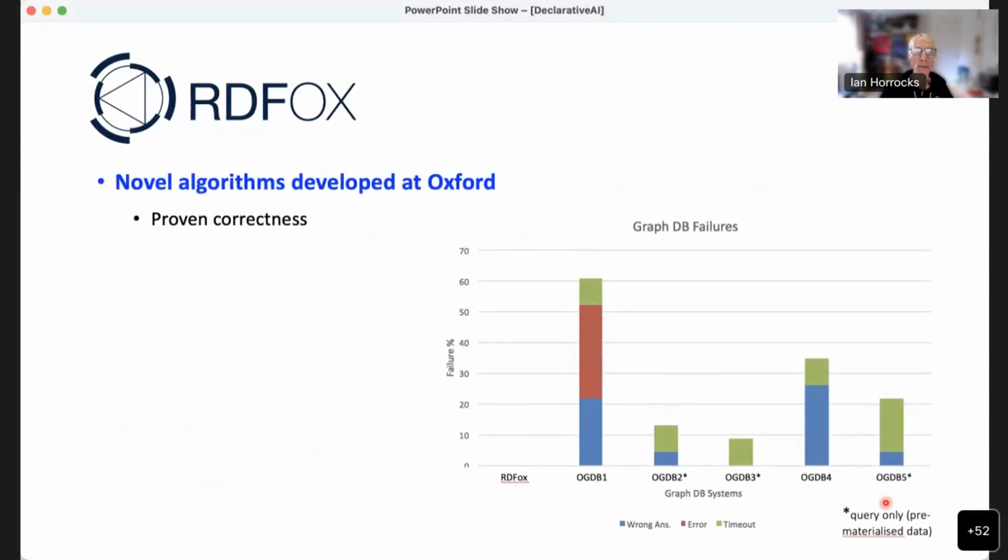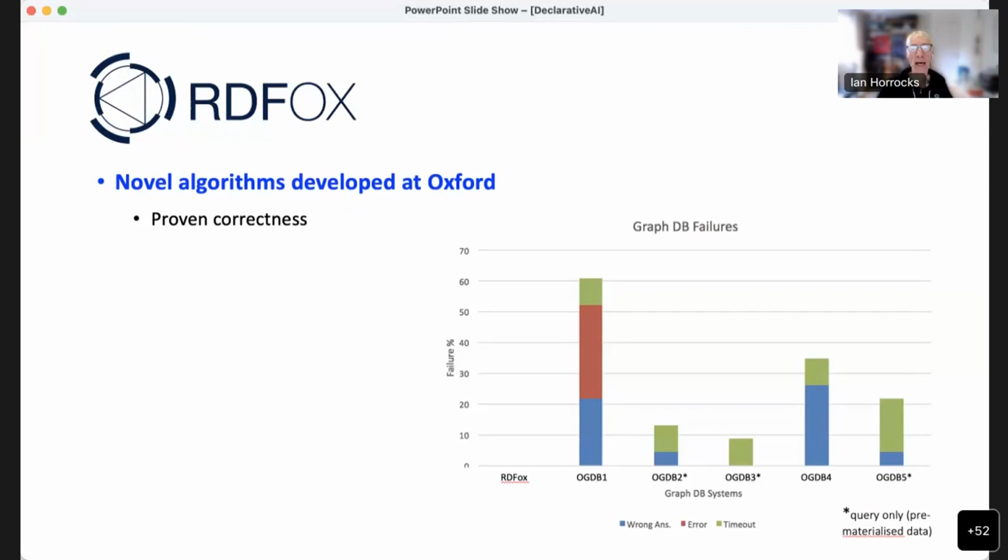Another thing that was really critical to our research, why we wanted to develop RDFox in a research group, is that we wanted to use algorithms that were provably correct. And this might be sort of obvious. You might think that, well, surely everybody uses algorithms that are correct. But actually, that turns out not to be the case. And when we first developed RDFox, we were doing a lot of tests comparing RDFox with other systems, for performance testing primarily.